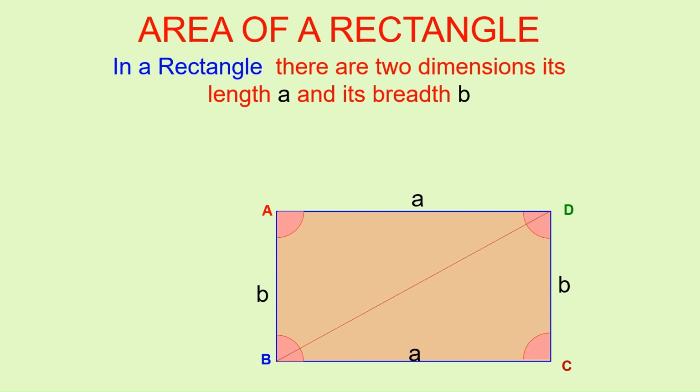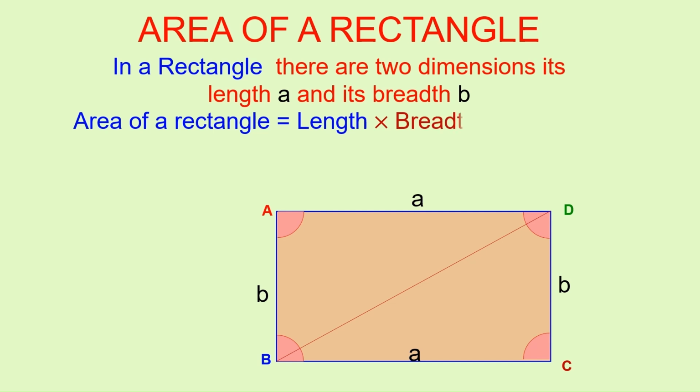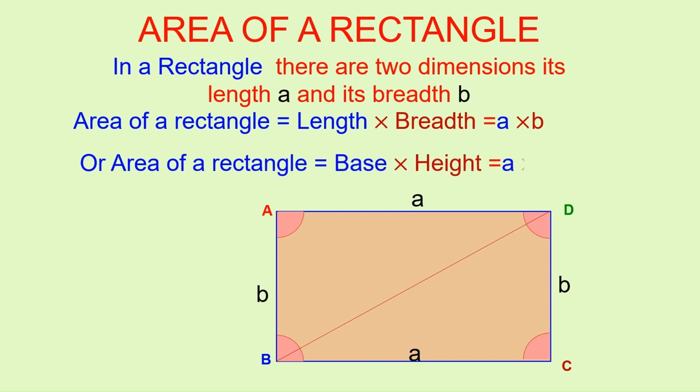In a rectangle there are two dimensions, its length a and its breadth b. Area of a rectangle equals length times breadth equals a times b. Or in other words, area of a rectangle equals base times height.